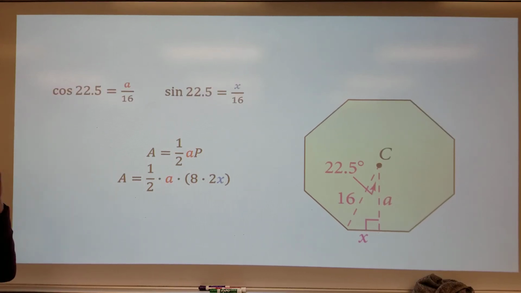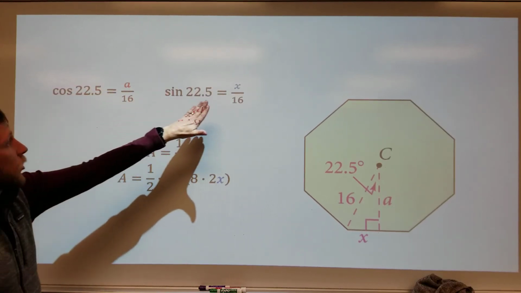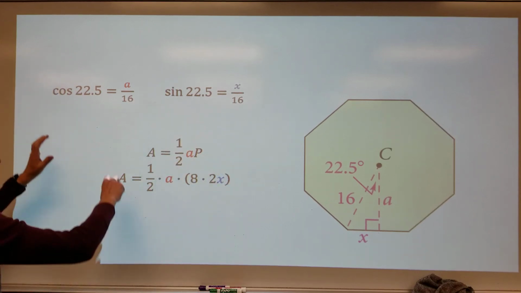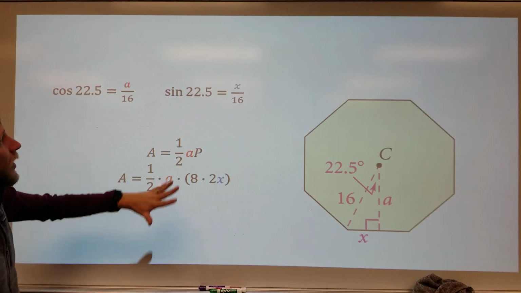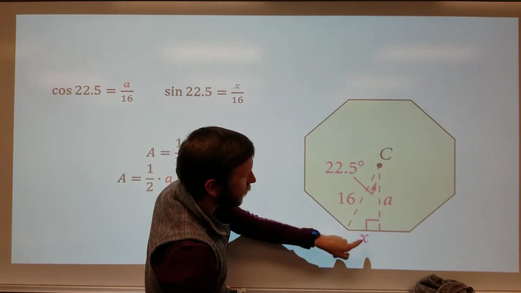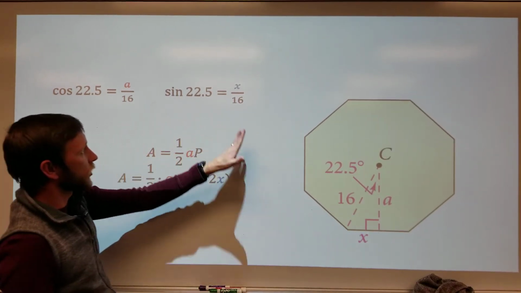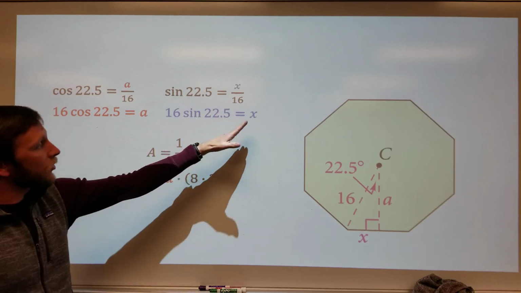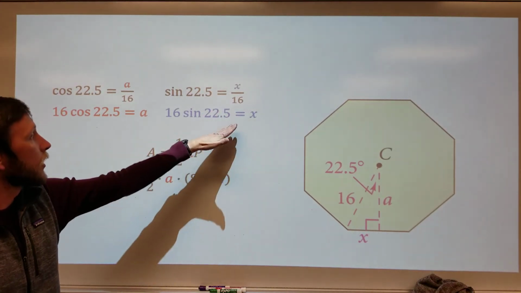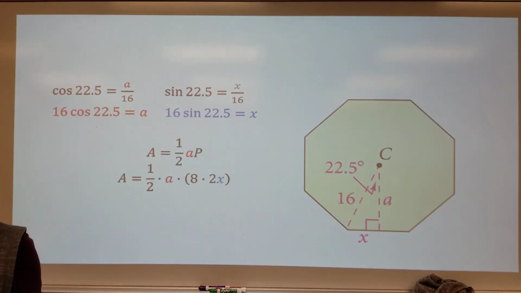The way that we find the a value and the x value is by using the cosine of 22.5, which is going to be adjacent over hypotenuse, a over 16. The sine of 22.5 is going to be opposite over hypotenuse, or x over 16. Which means that the a value is 16 times the cosine of 22.5, and the x value, or half of a side length, is 16 times the sine of 22.5.